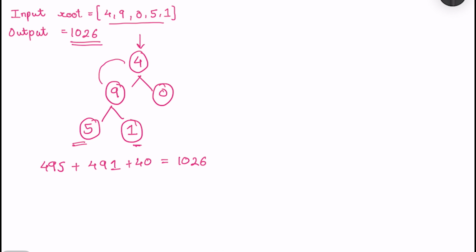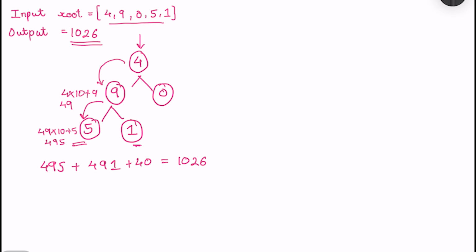Then we go to the left child: 4 into 10 plus 9, which gives me 49. Then I'll go again to the child node. Now it will be 49 into 10 plus 5, which gives me 495.